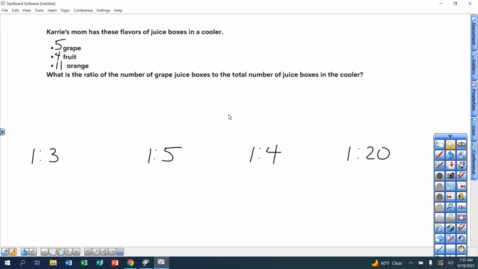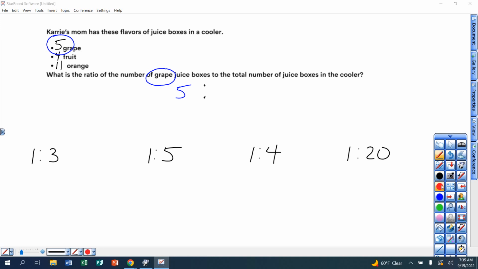We're doing ratios, but they're going to have you look at different ways of showing that answer. So this one is saying grape juice boxes. The number of grape, which I have right here, is 5. 5 grape juices compared to, and I could use the word to, or for this problem, I could use these little colon marks to represent 2. I could also use a fraction.